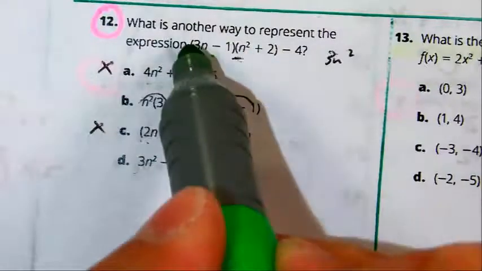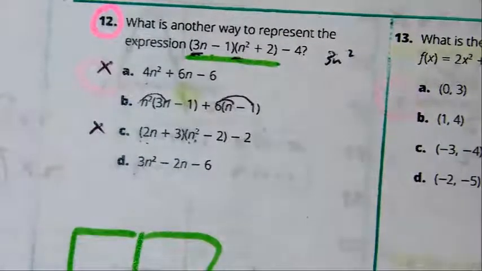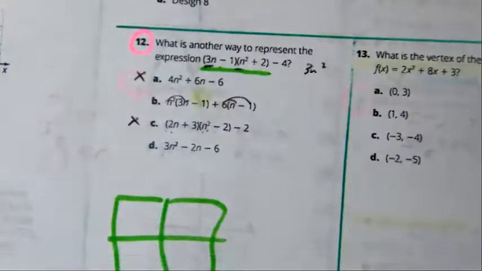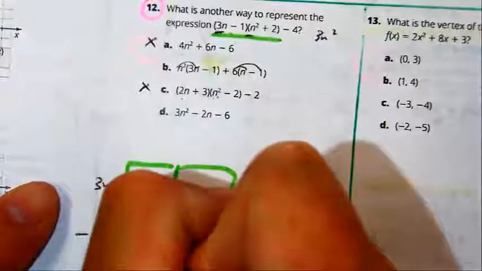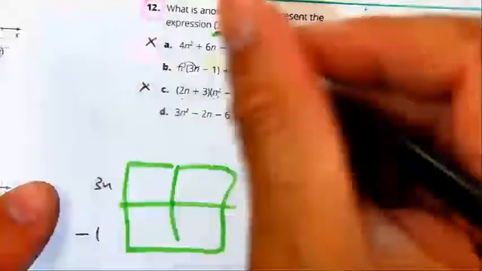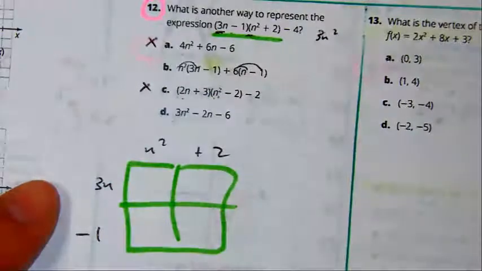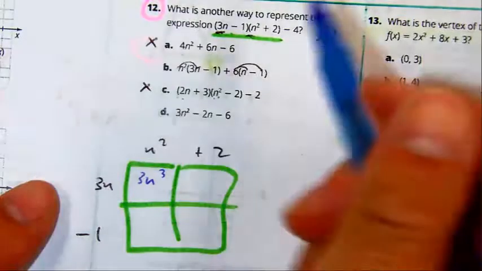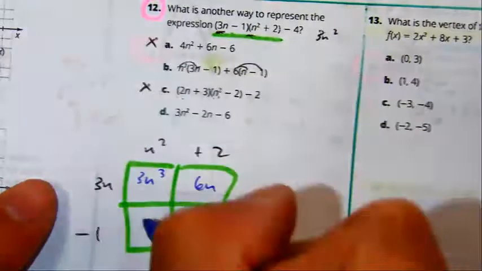So I'm going to multiply these two first. I'm going to write those on the outside. 3n minus 1, and then I have n squared plus 2. 3n times n squared, 3n cubed. 3n times 2 is 6n. n squared times negative 1 is negative 1n squared.